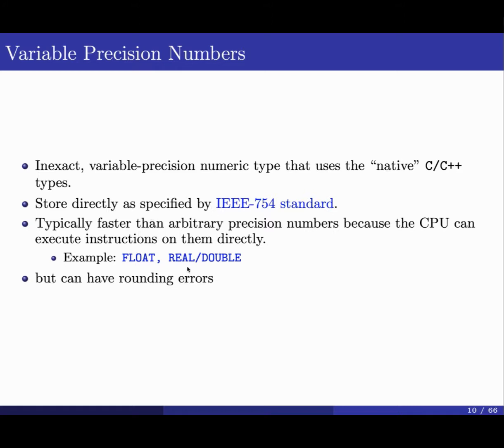So for float, real and double, we don't have a problem with the representation, but we do have a problem with the accuracy. That's what we call rounding errors. I think all of you are familiar with rounding errors. We try to store or represent the data as real numbers, and we don't have enough space in order to represent the exact number.